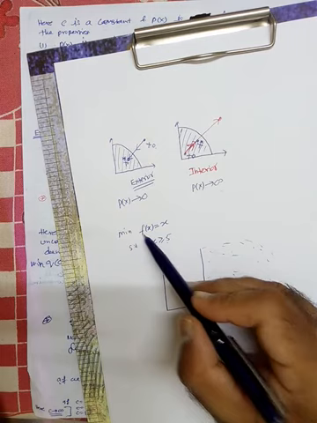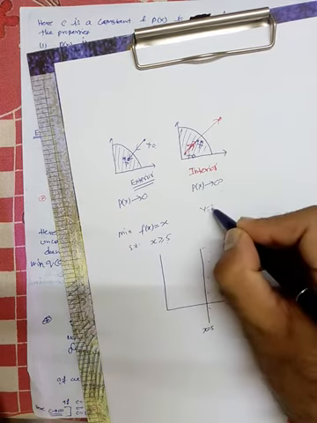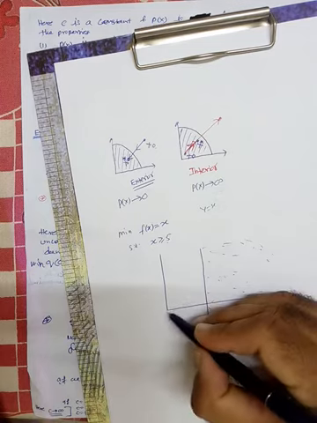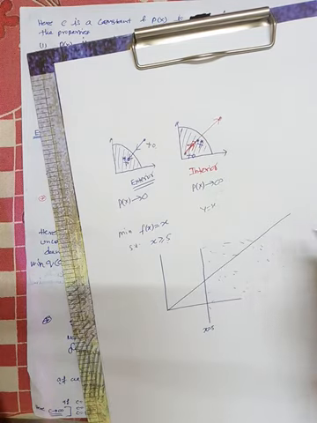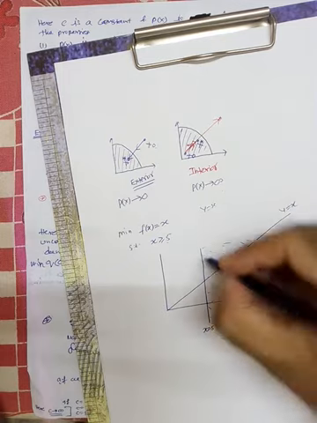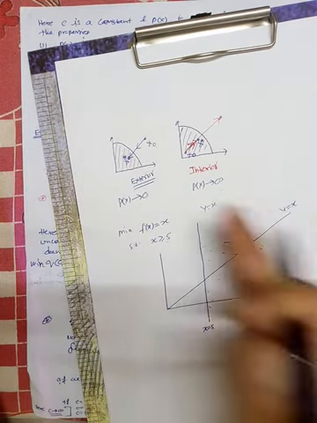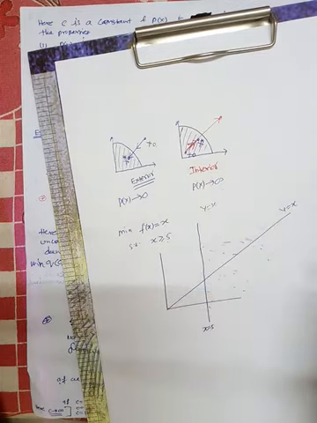Now f(x) equals x, this is like y equals x, so this is the y equals x function. So x equal to 5, this is the domain, this is your feasible space here, and this is your objective function.